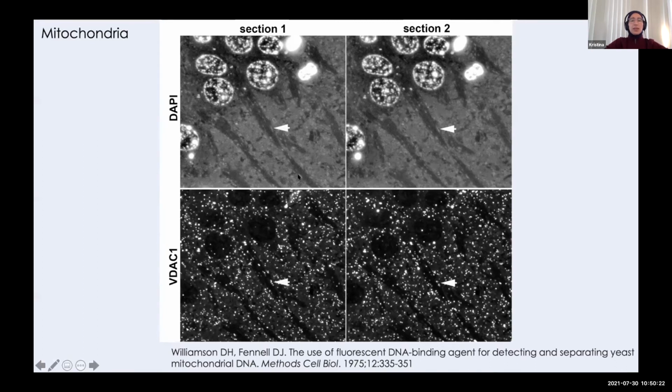When testing an antibody for mitochondria, we can see that it's right on top of the mitochondria. Nowadays we normally use DAPI to stain the nuclei, but it turns out that the very first use of DAPI was actually for detecting mitochondria. You just have to crank the exposure to see it because there's much less DNA in mitochondria.